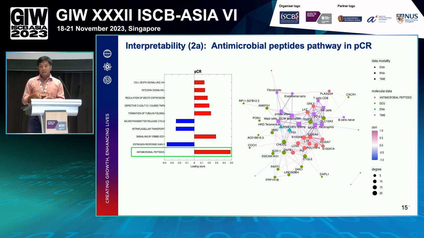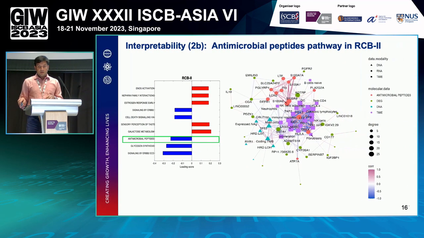The connections are actually correlations generated from the data, and different colors also indicate different strengths. And degree measures the number of connections for each molecule in the network.